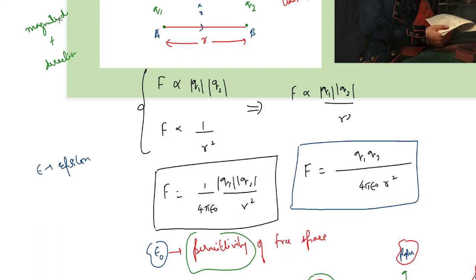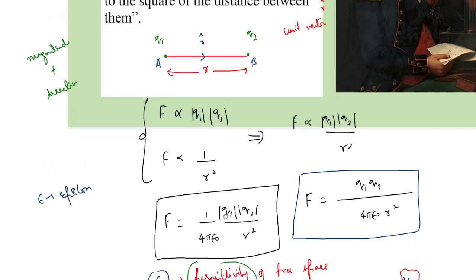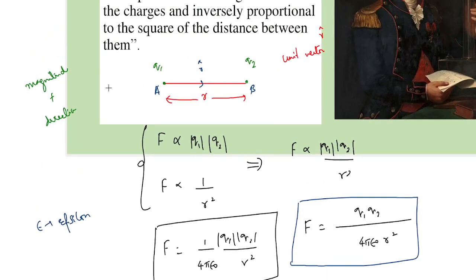So let the force which charge A exerts on charge B be called F21. So F21 means it is the force on charge Q2 due to charge Q1.